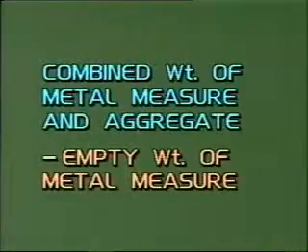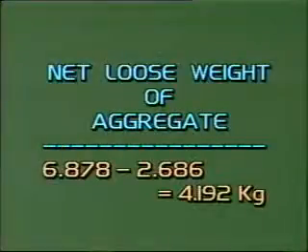The net loose weight of the aggregate can be determined by subtracting the empty weight of the metal measure from the combined weight of the metal measure and aggregate, which comes out to be 6.878 minus 2.686, which is equal to 4.192 kilograms.